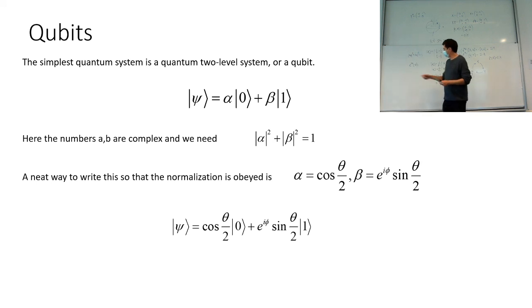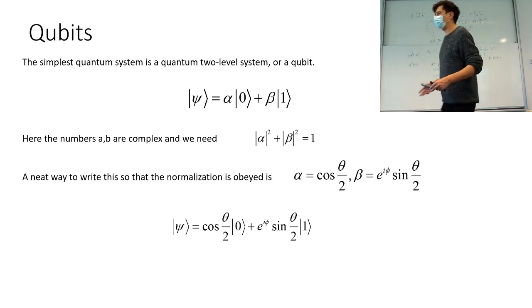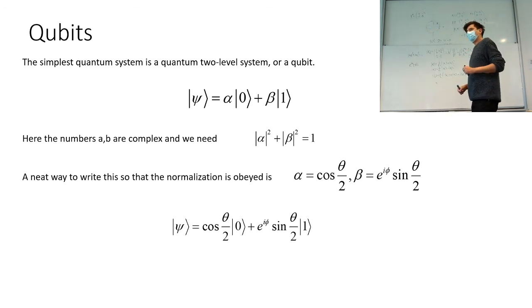If you multiply this by e to the I chi, it doesn't change anything, so I've chosen that phase to be 1 here. Then you've just got these two parameters, theta and phi, and that parameterizes all the possible states you can have on a two-level system.